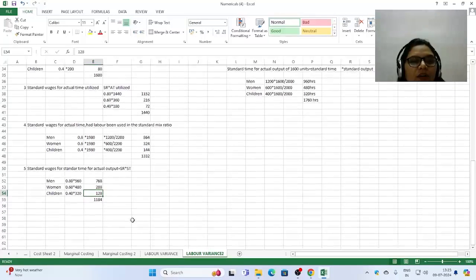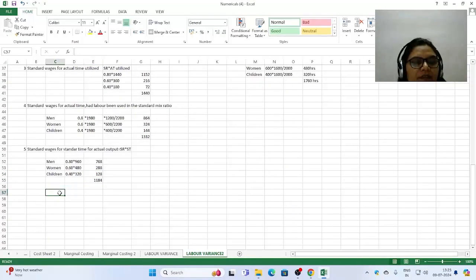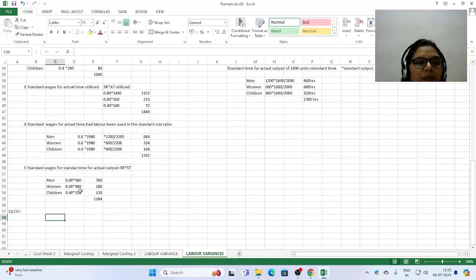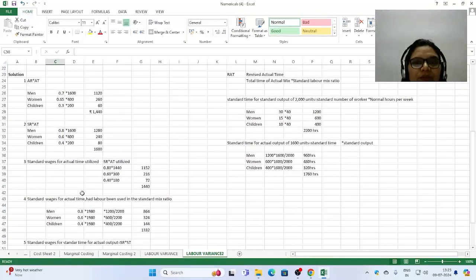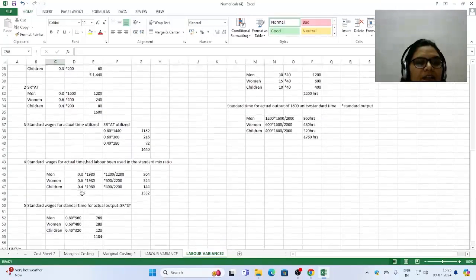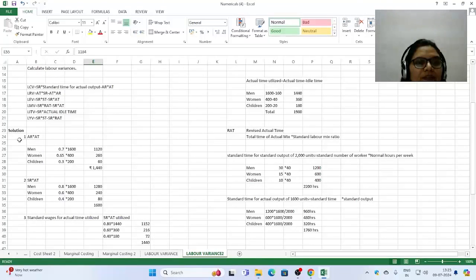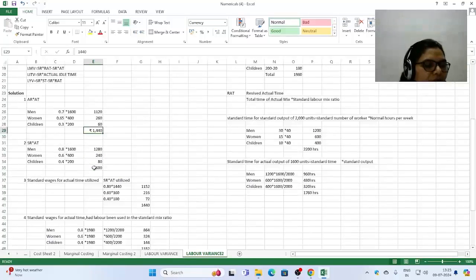So this is all about the calculations we have done. Now we will input these calculations in a formula. So first we will calculate labor cost variance, which will be standard rate into standard time minus actual rate into actual time. And here it is 5 minus 1. 5 is standard rate into standard time minus 1, that is actual rate into actual time.